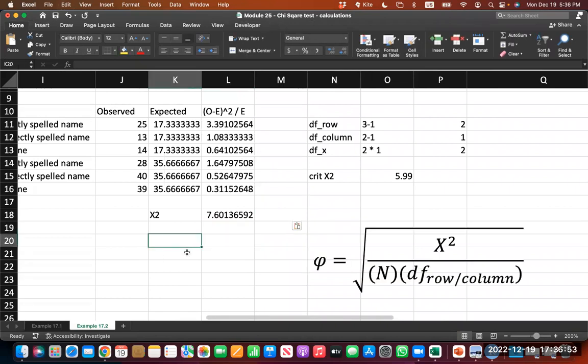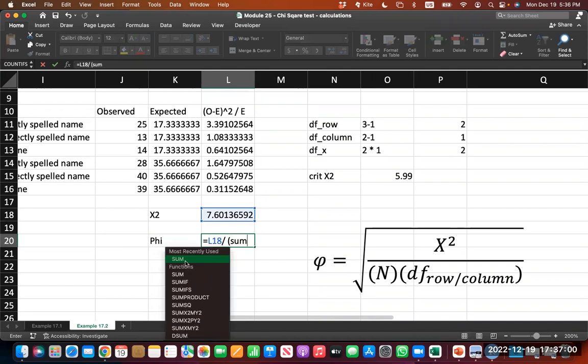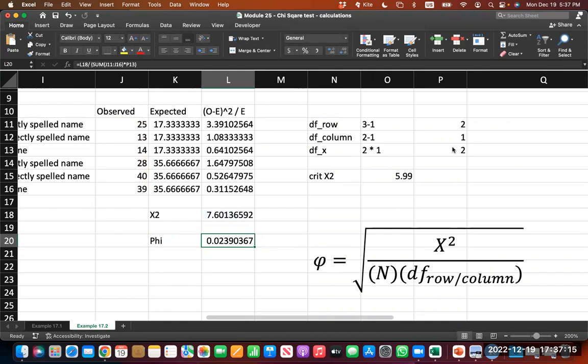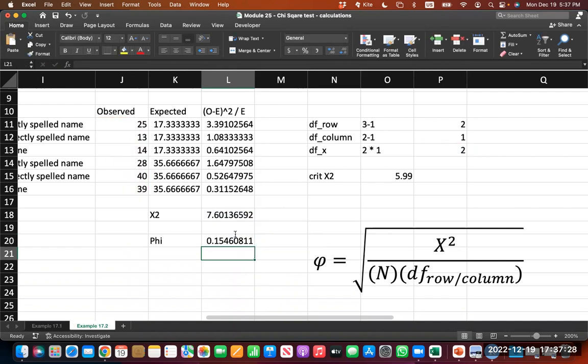So phi is chi-squared divided by the sum of all these observed counts, multiplied by your degrees of freedom, which we know is 2. You have here 0.02. You need to put it in the square root, which gives you a phi of 0.15.